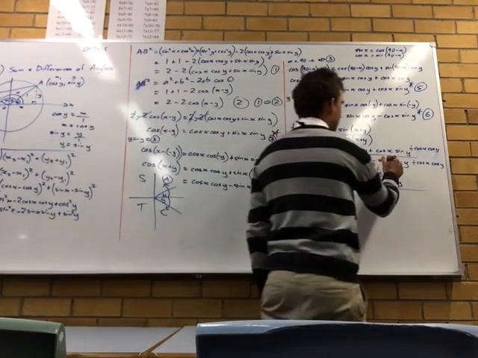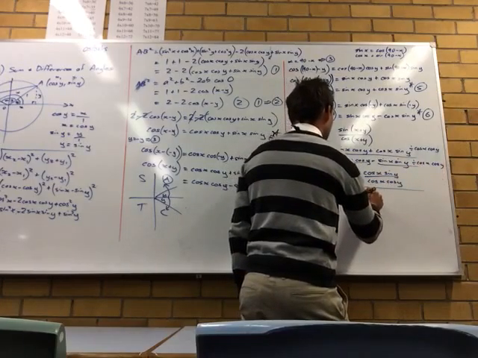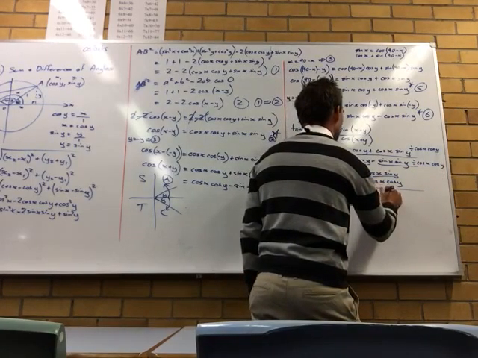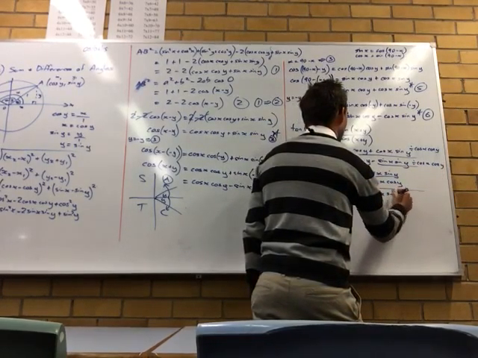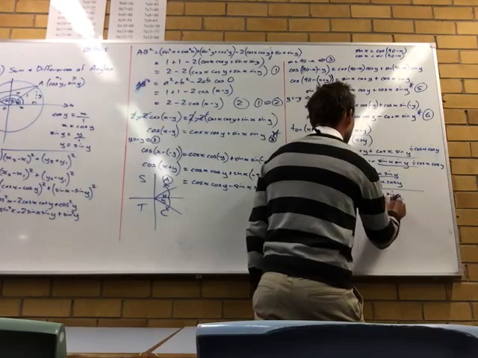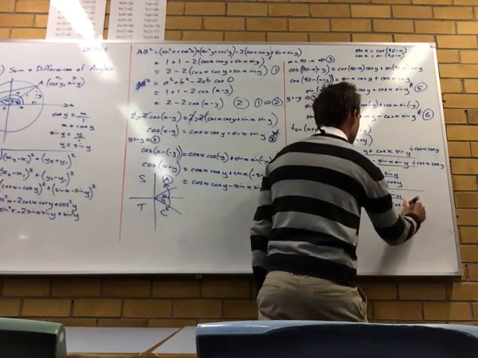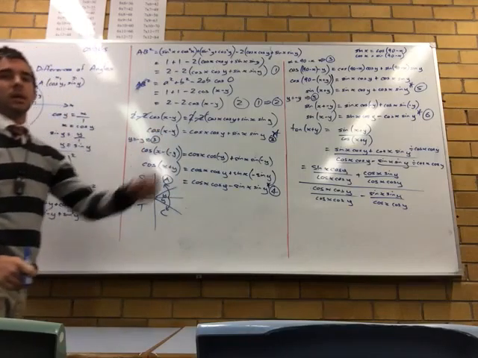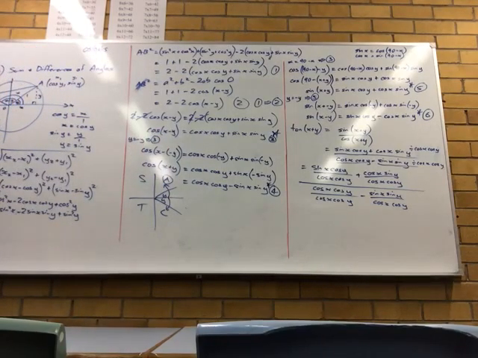And then over this section, take away sin x sin y over cos x cos y. Everything getting divided by cos x cos y. Okay, just setting it up.